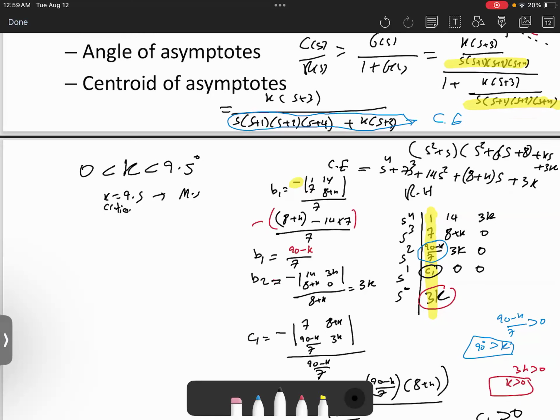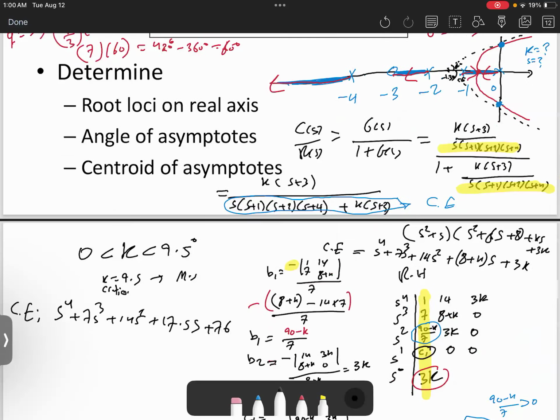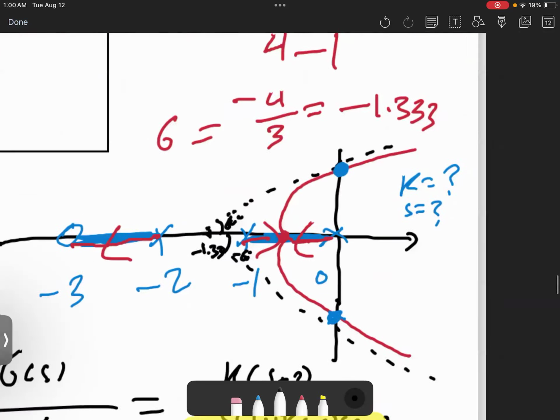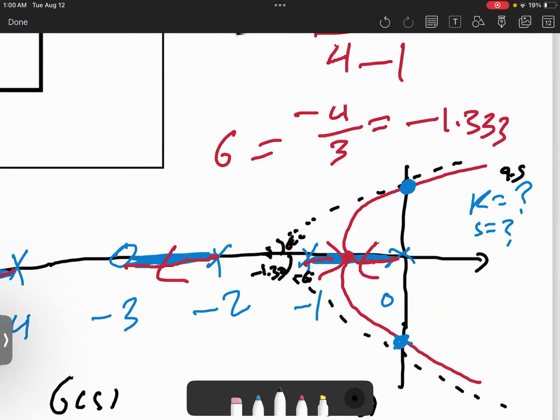So let's do s to the power 4 plus 7s cubed plus 14s squared plus 8 plus 9.5, which will be 17.5, s plus 3 times 9.5, which will be 28.5. That's the characteristic equation when we have marginal stability. So anyway, here we determine the value of k, 9.5, that makes the system marginally stable.